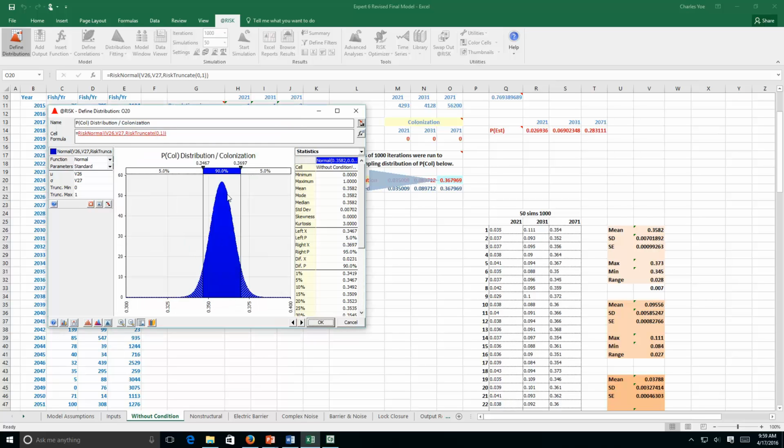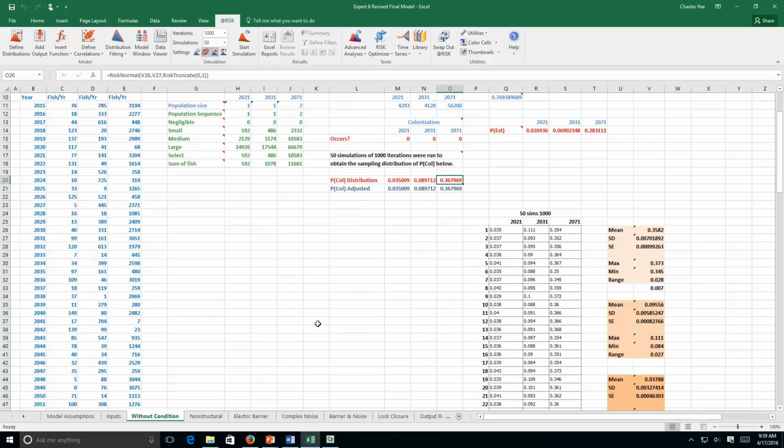So here we have a normal distribution that shows how the probability of colonization is distributed. So we had to stop the model and run it here, and you'll notice I can get different values for the probability of colonization. Here's another logic check that makes sure that the probability of colonization continues to increase over time.